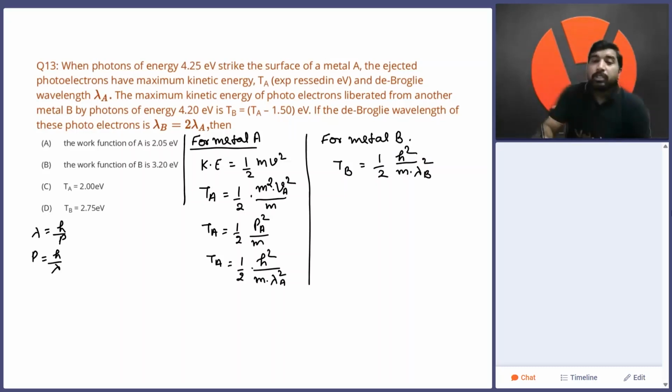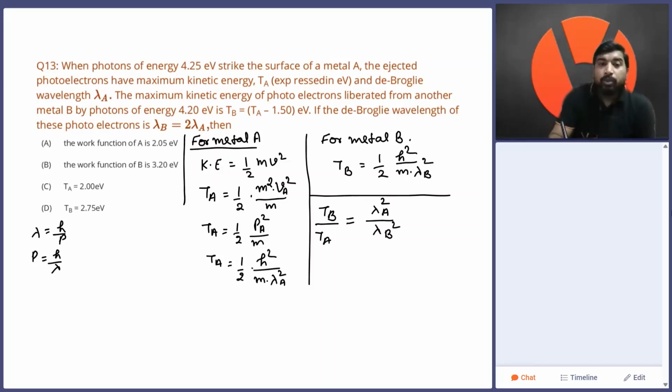Now we just need to find the ratio between Ta and Tb. So Tb upon Ta should equal lambda A square upon lambda B square. From the question, we can see that lambda b is equal to 2 lambda a. So from here Tb upon Ta should be equal to 1 upon 4.